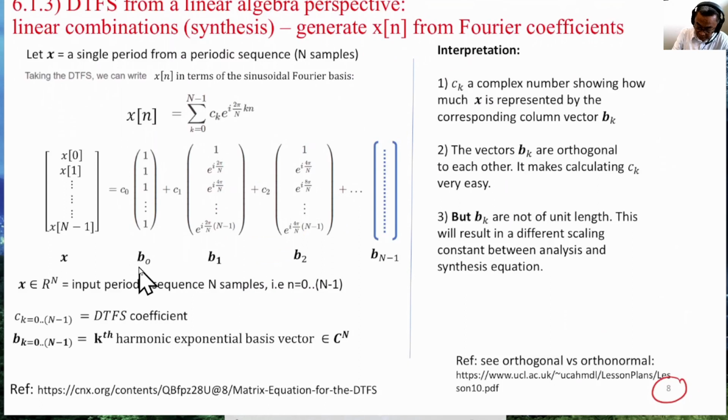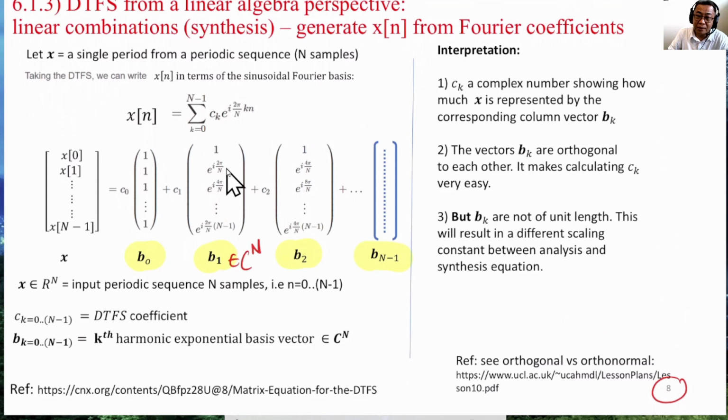We see that in this particular example, B0, B1, B2 up to Bn minus 1 are column vectors, and they are complex valued with n elements. In particular, if you view this as a complex number, the elements have radius 1 but with different phases.